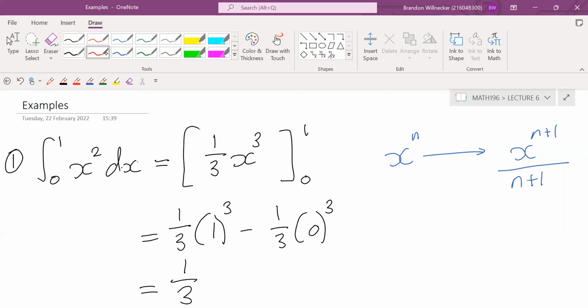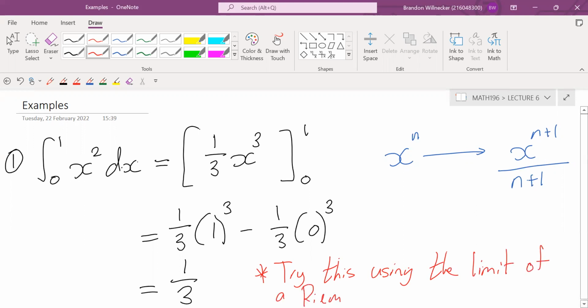Now, just as a little note for some practice, try this using the limit of a Riemann sum and see if you get the same answer. Try that out, see what you get.